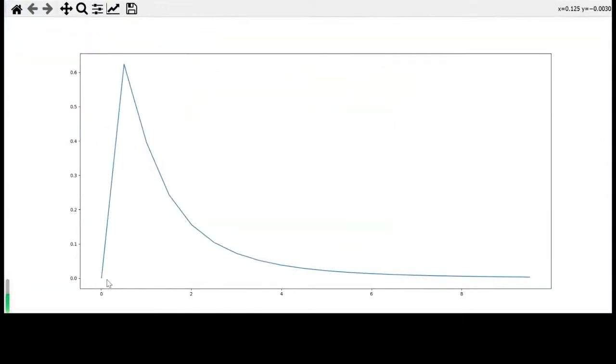So you can see the density from 0 to about 0.62 increases very fast. It changes very fast between 0 and about 0.25. Then it decreases faster, then slowly, close to 0. And the area under this curve is close to 1.